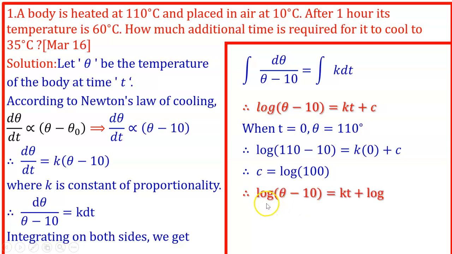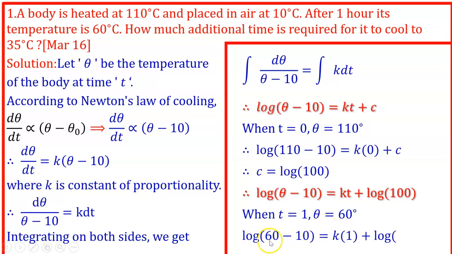Now next, the equation will become log of theta minus 10 is equal to kt plus log of 100, substituting the value of c, which is log of 100. Next, when t is equal to 1, that is after 1 hour, the temperature is 60 degrees Celsius.